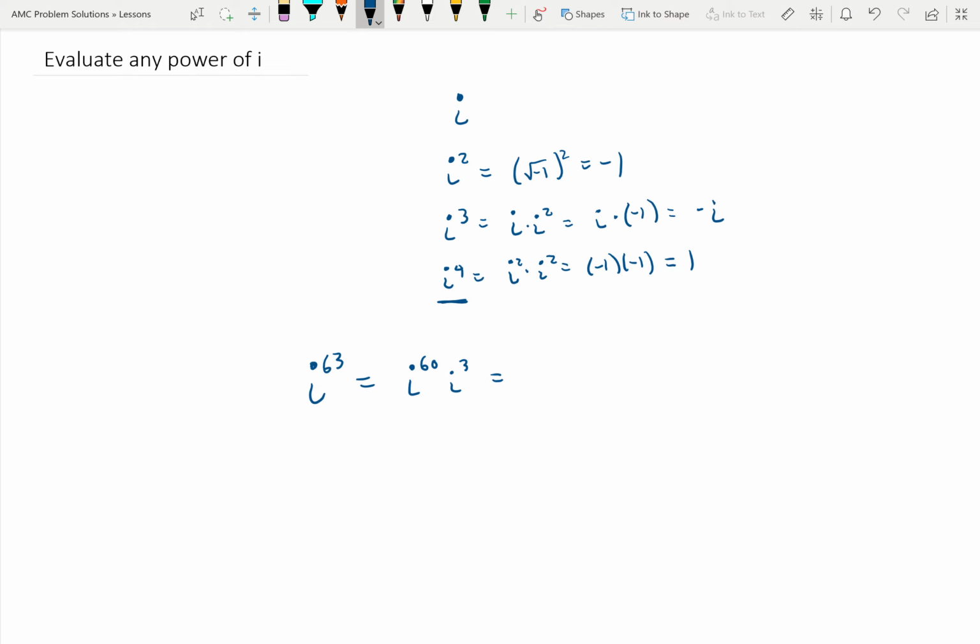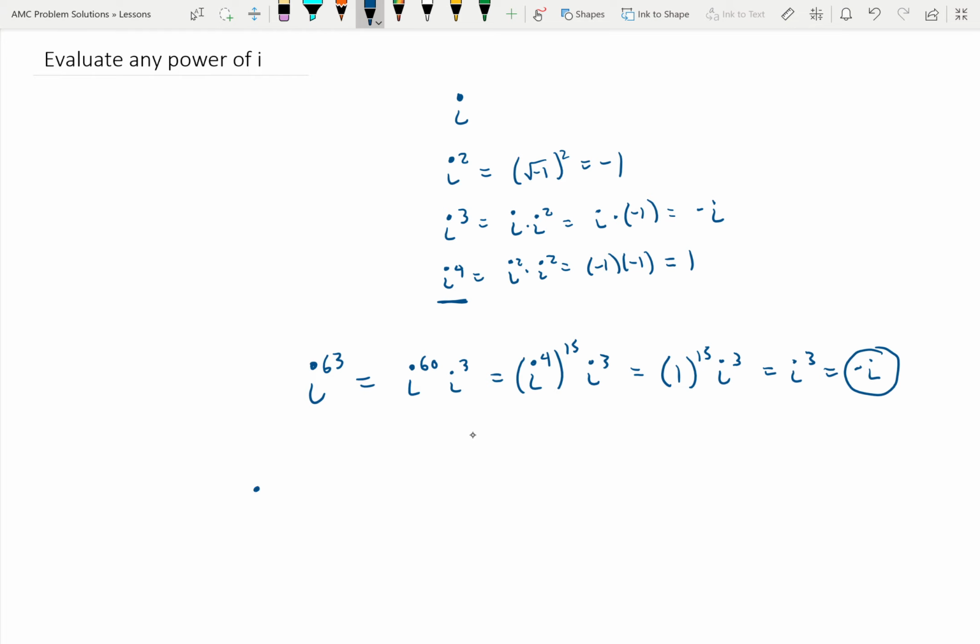Then I'm going to simplify i to the 60th into i to the fourth to the 15th, and we'll keep i to the third. So since i to the fourth equals 1, we get 1 to the 15th times i to the third. 1 to any power is just going to be 1. So we get i to the third, and we know i to the third is -i.